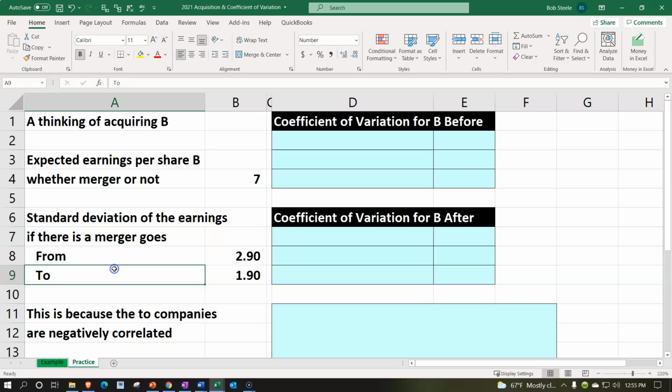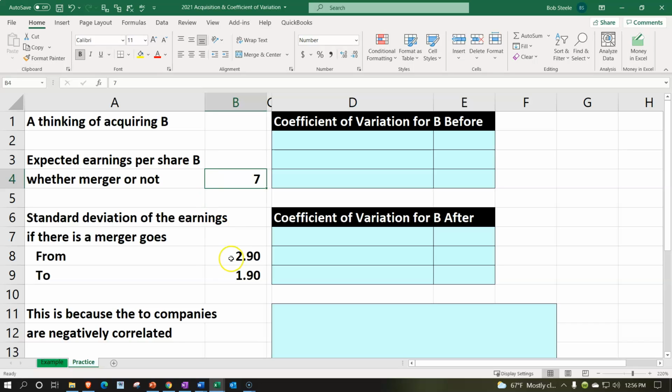But just a quick recap, note that we can think about the expected earnings as kind of like the average that we're looking at. We can think about the standard deviation and the coefficient of variation as trying to measure the distance from that midpoint. So if there's going to be more spread in the data, then it's more likely that we have points that are further from that central point, which you would think would correlate in this context to more risk.